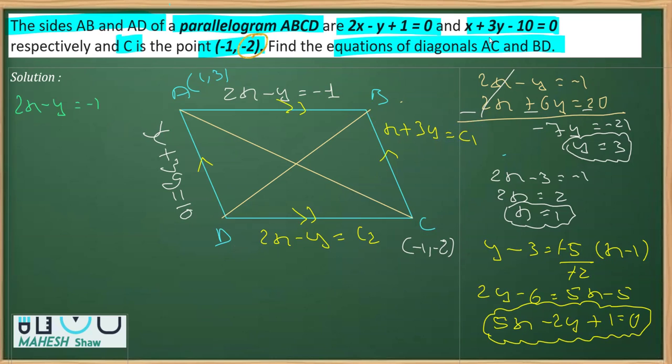So what I can do here is that this line will satisfy point C, so placing x as minus 1 and y as 2, it's going to be minus 1 plus 6 is equal to C1. So C1 comes out to be 5. So I'm replacing this C1 with 5.